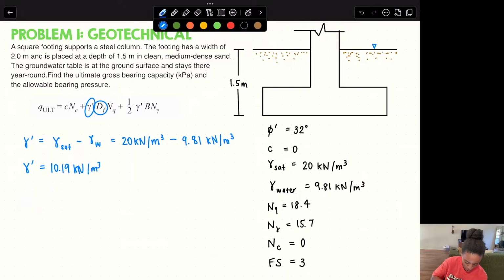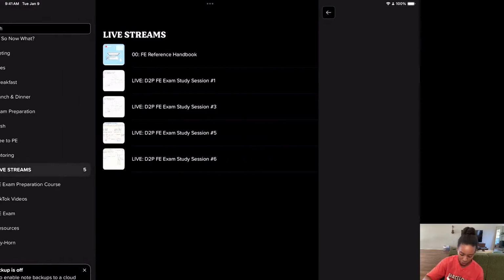So DF is going to equal the depth of the footing, which is 1.5 meters. C is given, so let me start checking these off so we can see what factors we already have. So C is given. Let me go back to the reference manual.